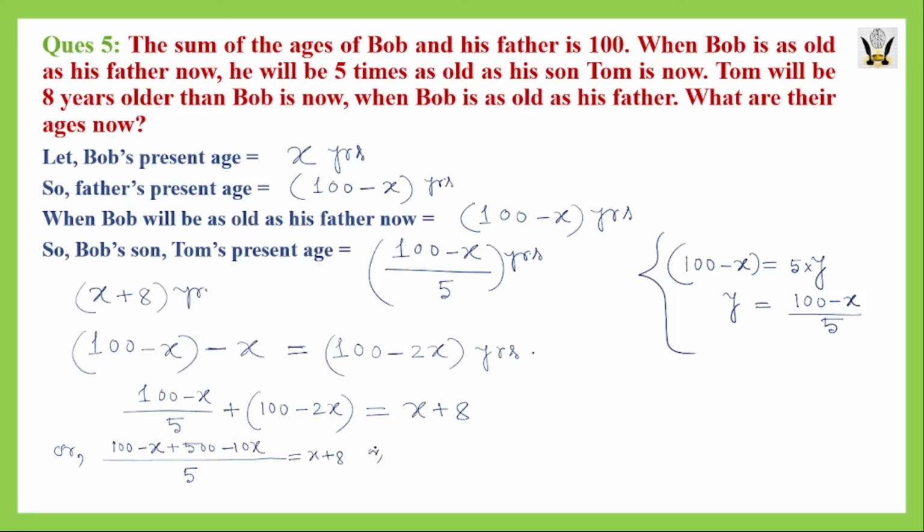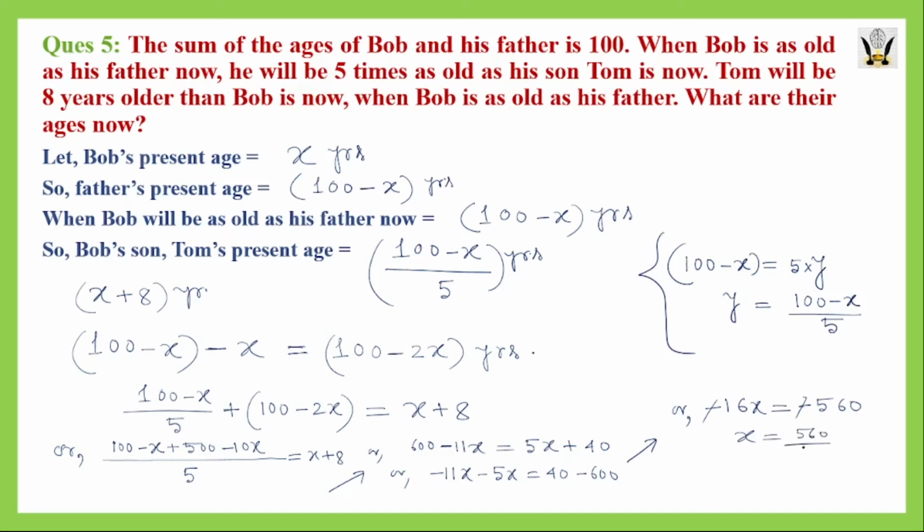So if we simplify further, now if I take 5x on the left side, then it will be 11x minus 5x, and that will be equal to 40 minus 600. So minus minus will cancel each other. So x will be 560 divided by 16. It will be 35. So x is 35 years.